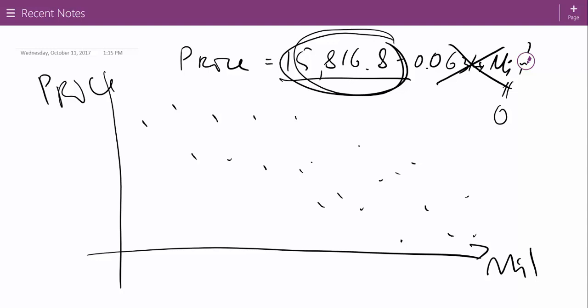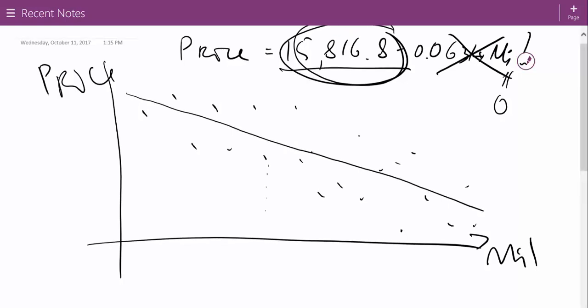So if I fit a straight line to my points, that straight line will capture the general trend in the data, right? It'll tell me mileage goes up, price goes down, and in general how it happens, okay? But what will happen is, every time I predict, let's say this is my mileage, X1.